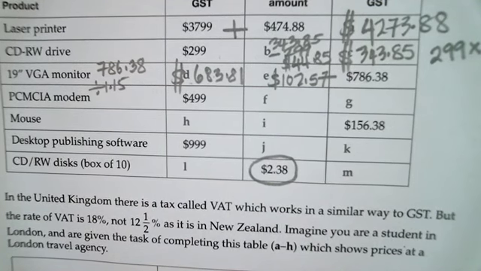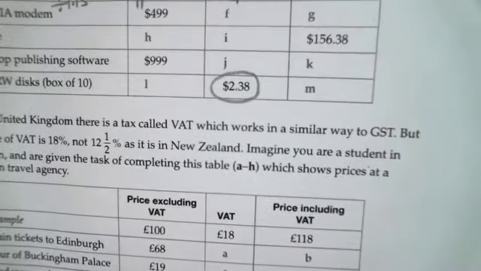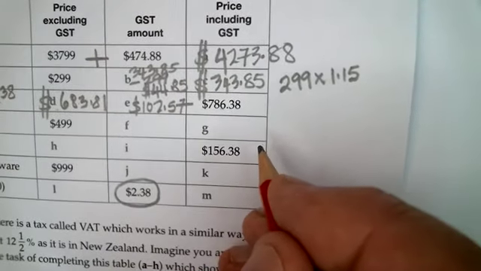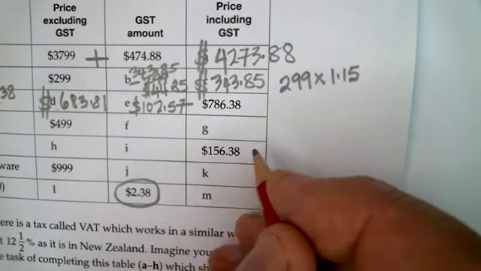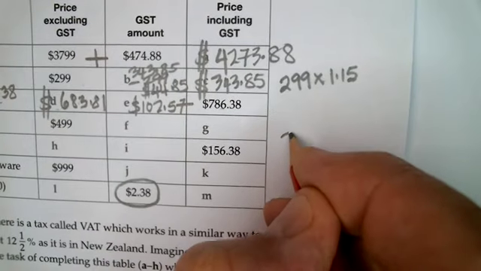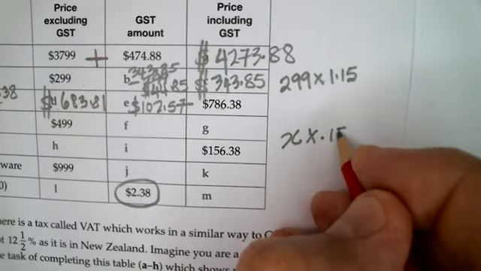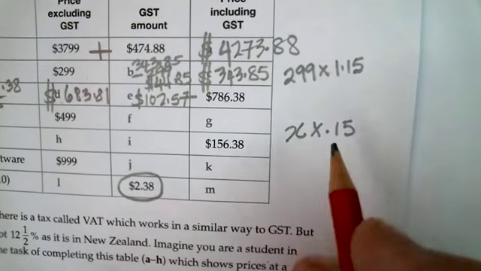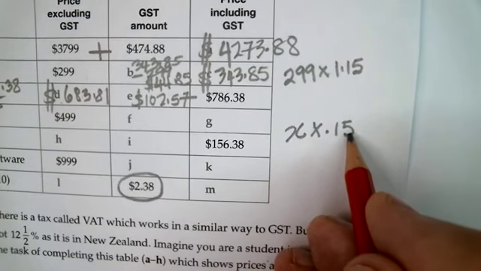So it's a little bit different, but we do know something about GST. We know that if you take any amount you like, and let's just call it X, and I multiply it by 0.15, we find the GST content. So in other words, if I've got $100 and I multiply it by 0.15, I get 15. 15 would be the GST.